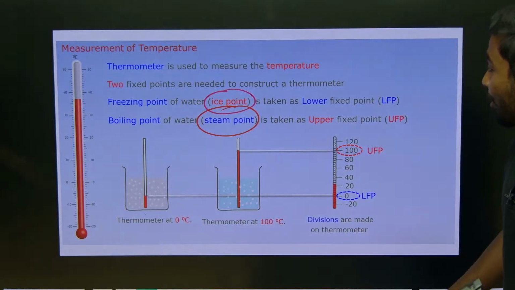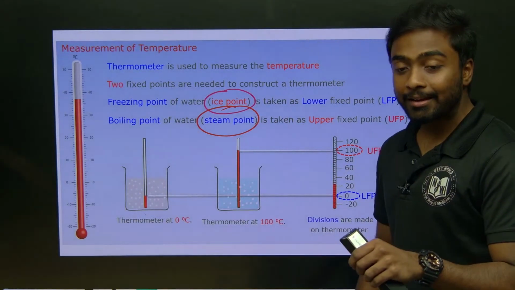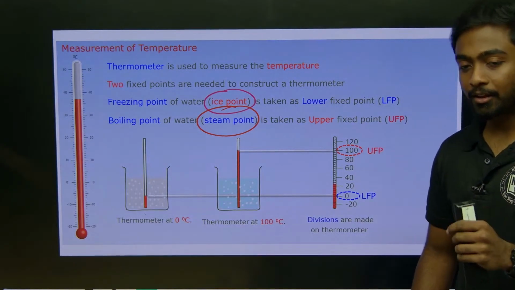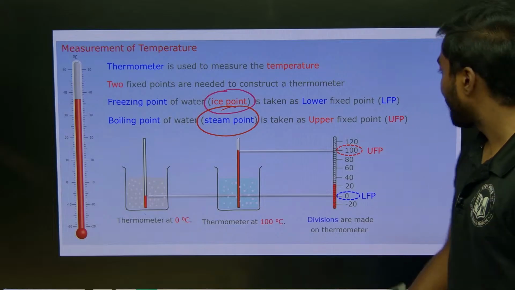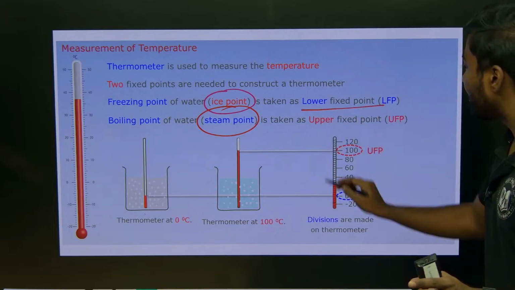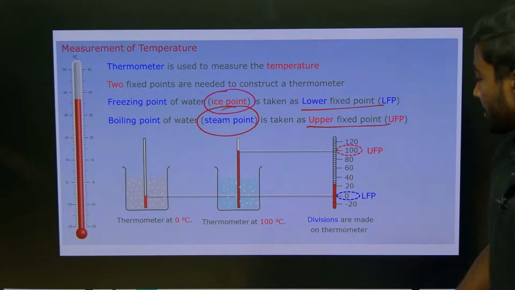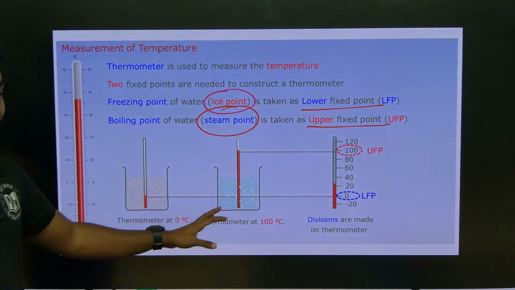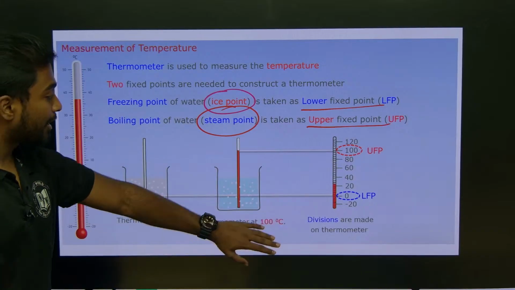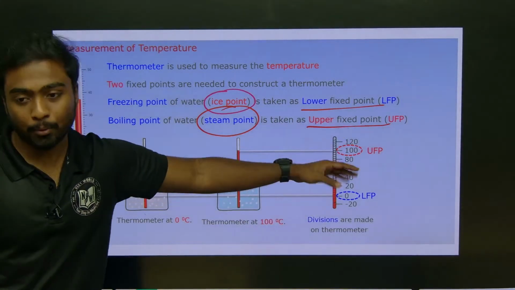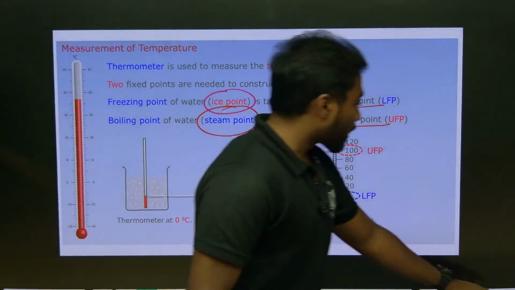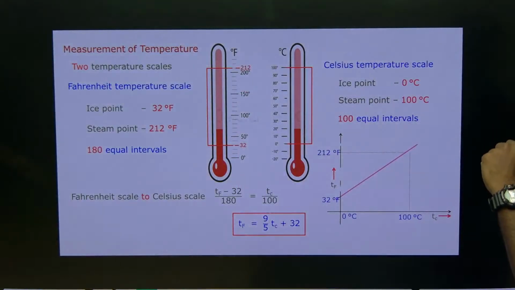The freezing point is taken as the lower fixed point and the boiling point is taken as the upper fixed point. For the Celsius scale, the divisions are from 0 to 100, so 100 divisions are there. We will talk about the formula also in this case.